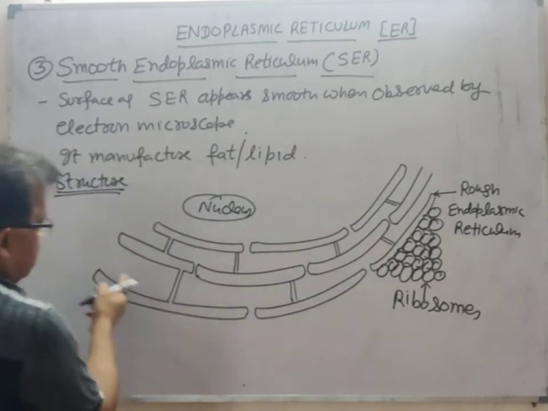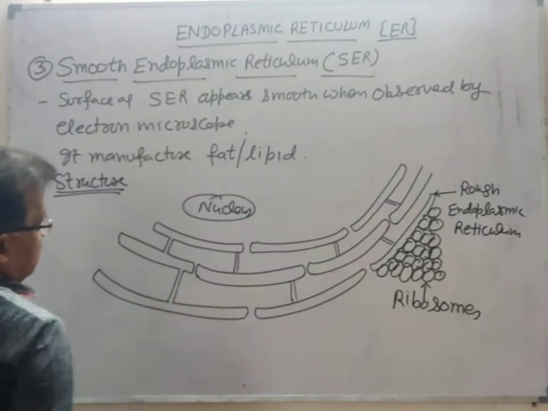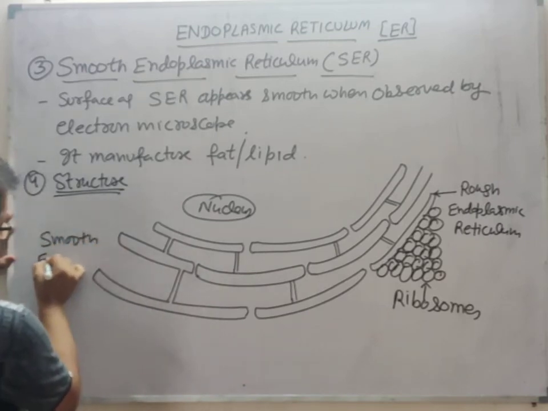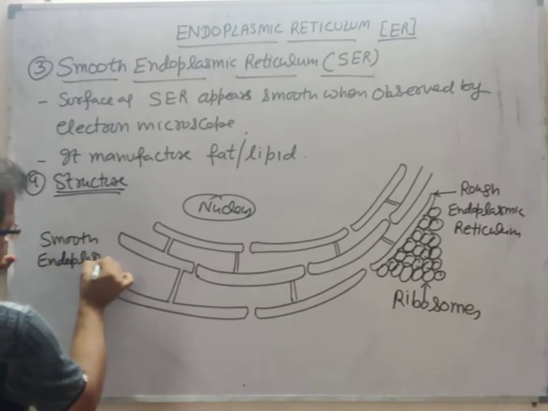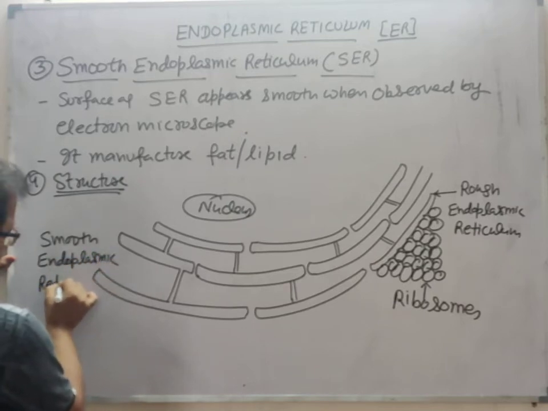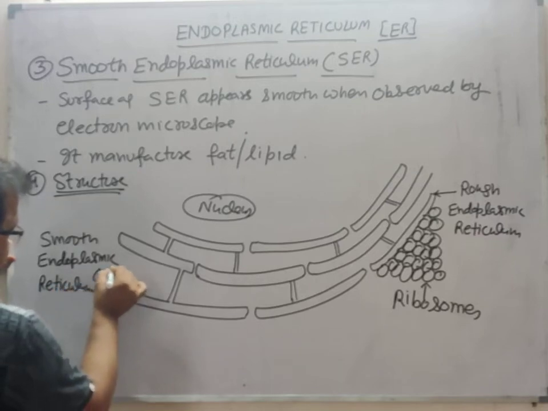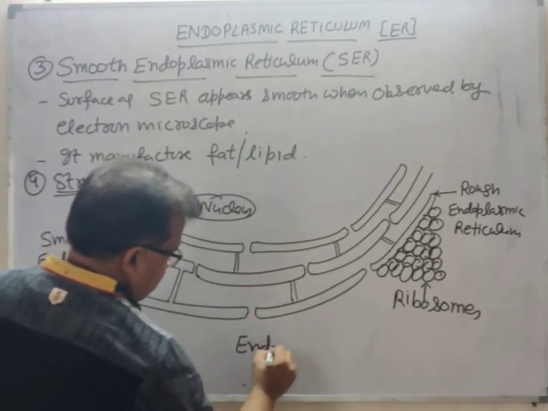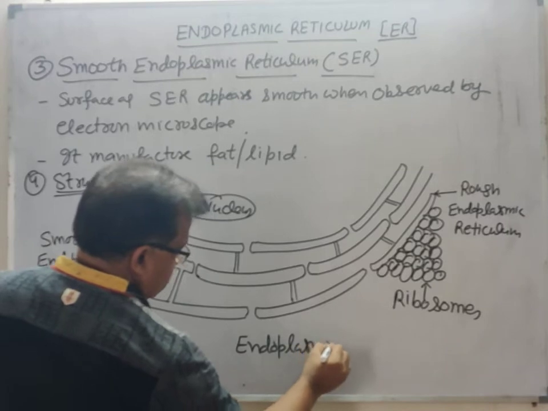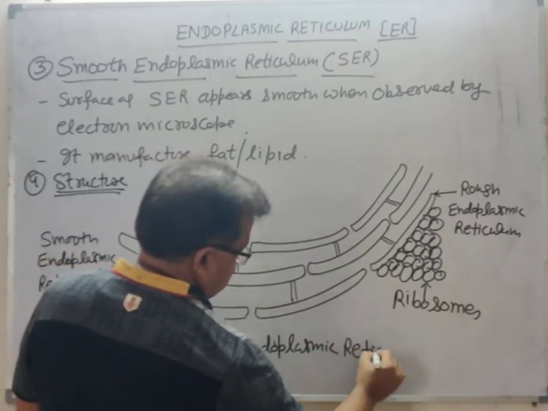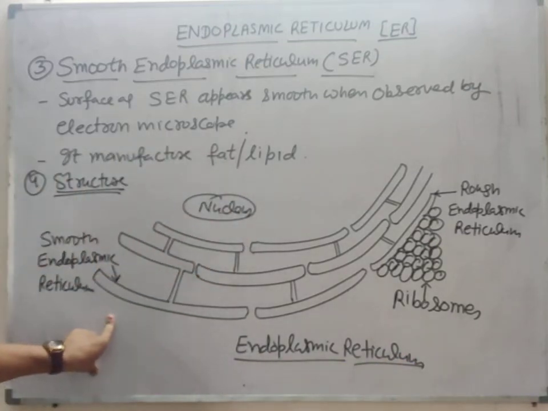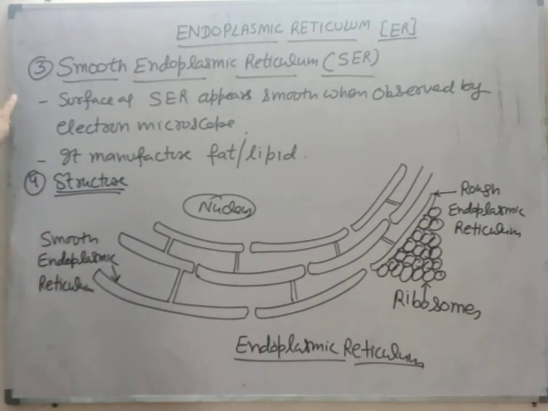And the remaining part, where there is no attachment of ribosomes, you can say is smooth endoplasmic reticulum, and as a whole it is endoplasmic reticulum. So thus it is the structure of endoplasmic reticulum. We have studied ER, SER, RER and its structure.